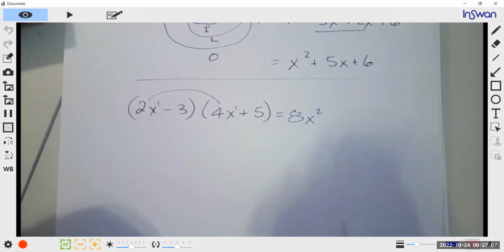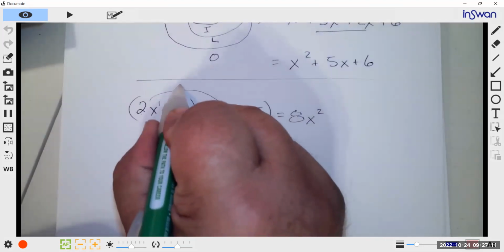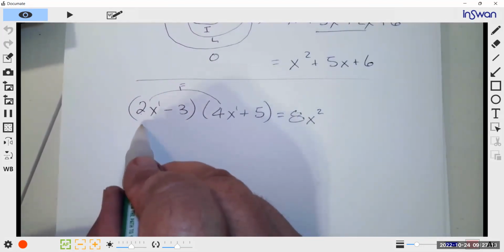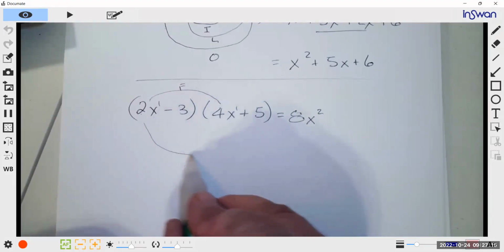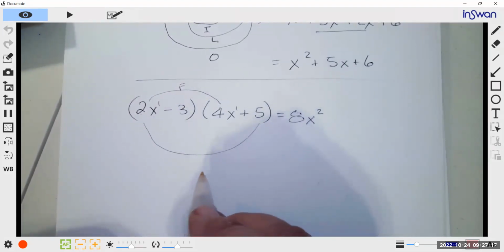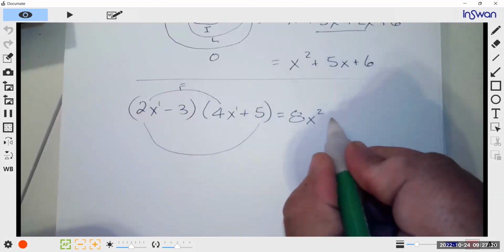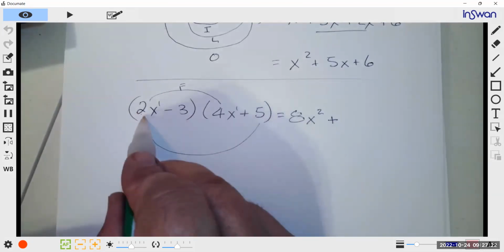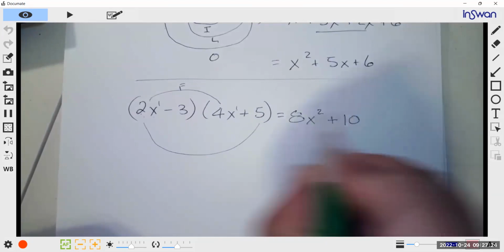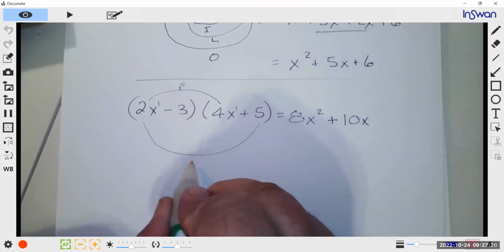When you multiply x's, you change the exponents also. So those are the first ones. Now the outer ones. Positive times positive is a positive. 2 times 5 is 10, and we have 1x. That's the outer.